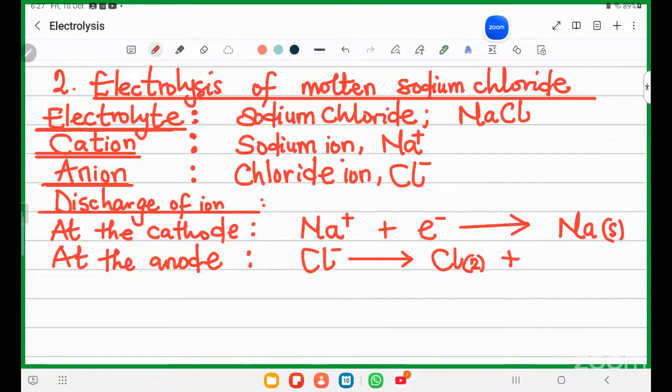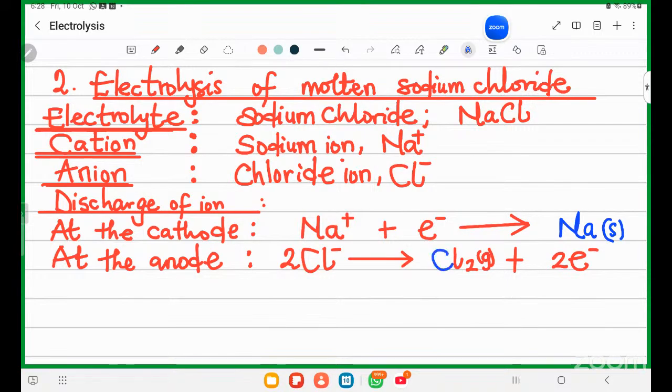Because we're balancing the equation, we have to add 2 here to balance the equation, because we can't have a single chlorine. We explained that sometime. Okay. So you have to put 2 here as well to balance it. Now, in the real sense, at the cathode, sodium is produced.